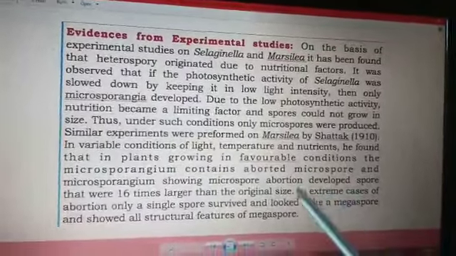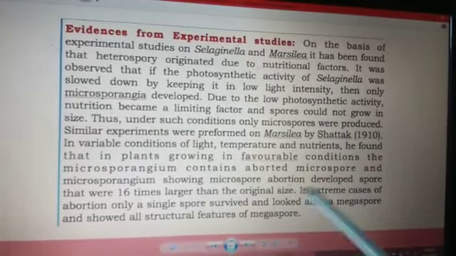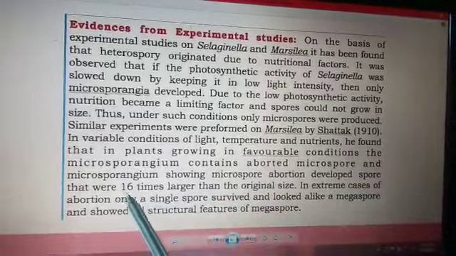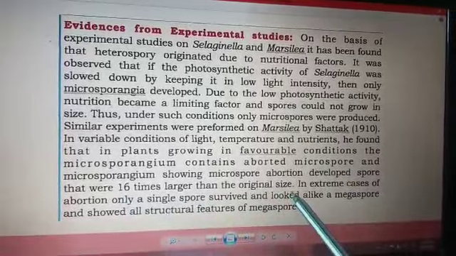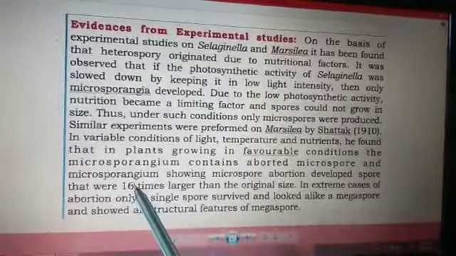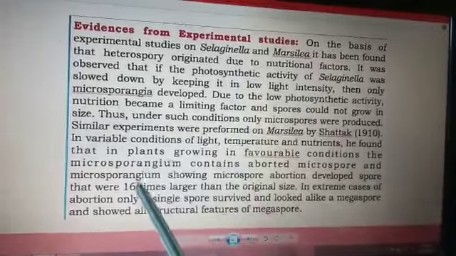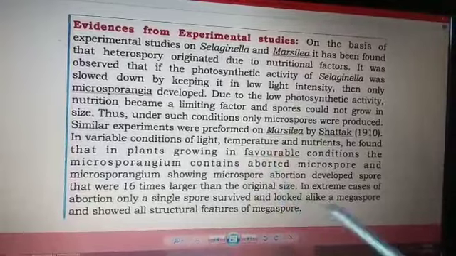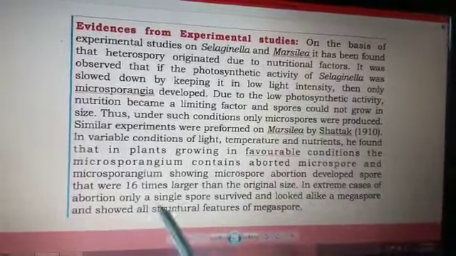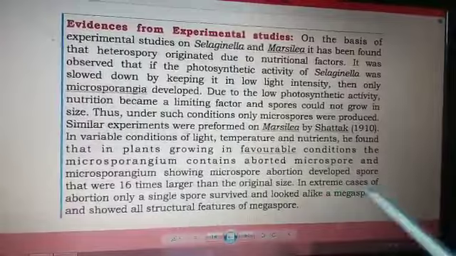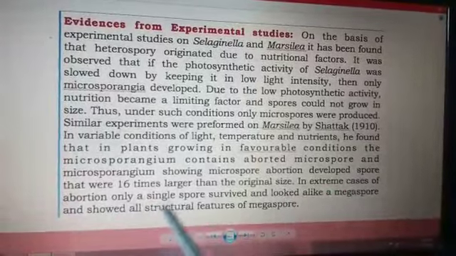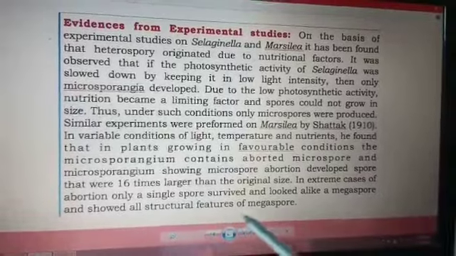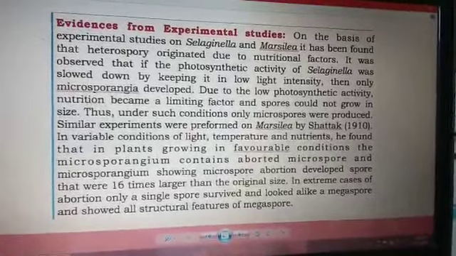The microspores were aborted, and the spores that were left were 16 times larger than the original size. 16 times larger in the sense the size of the spore has increased, and the larger spore is nothing but a megaspore. And in extreme cases of abortion, only a single spore survived, and it looked like a megaspore and showed all the structural features of a megaspore.